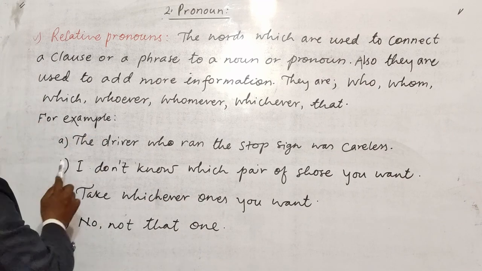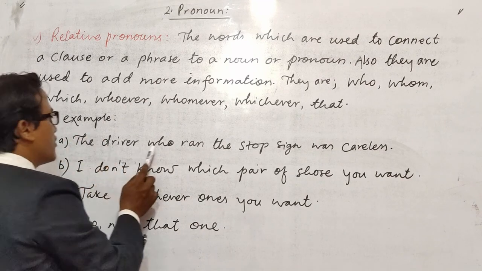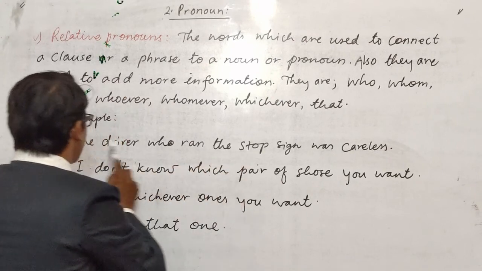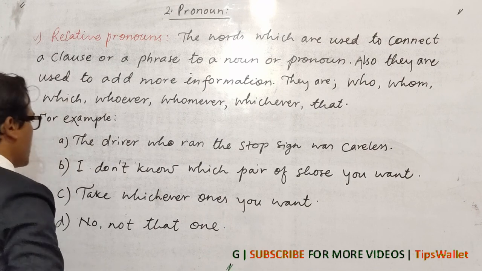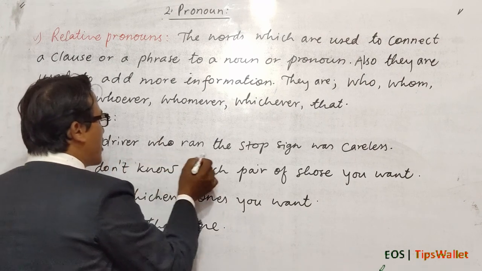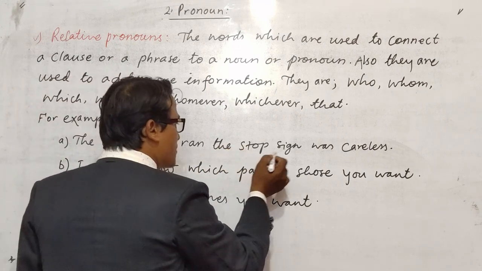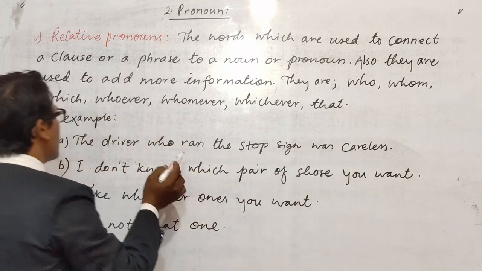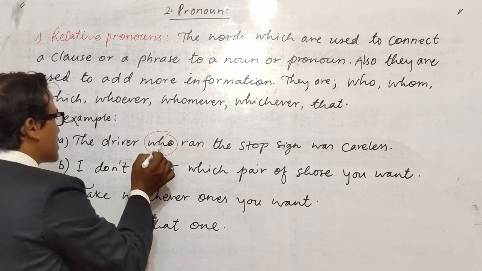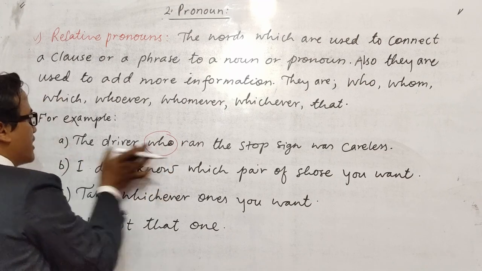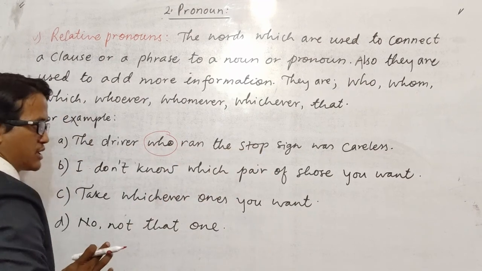Now let's see an example. The driver who ran the stop sign was careless. Here the relative word is who. This word joins or connects two clauses.